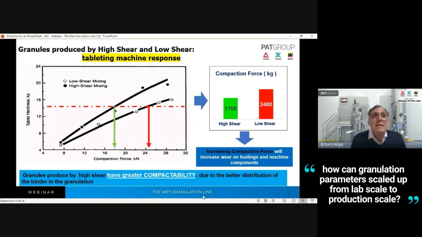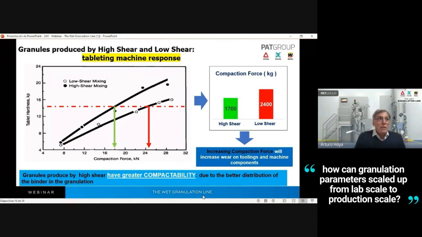And another very simple one is the swept volume. The swept volume is the volume of powder that the impeller sweeps in each revolution, divided by the time and divided by the mixer volume.